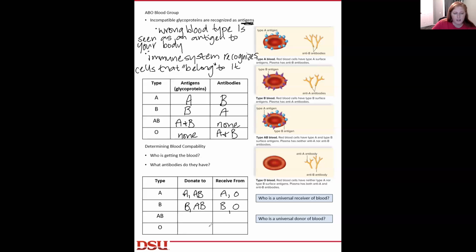The recipient's body doesn't mark it as being foreign. Okay, AB can donate to type AB, but it can get from A, B, and O. This makes them a universal receiver. They can get from any blood type.